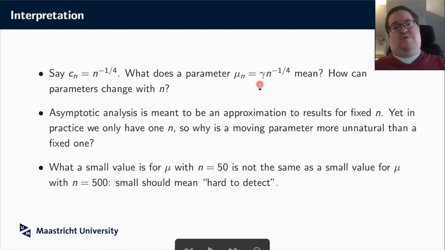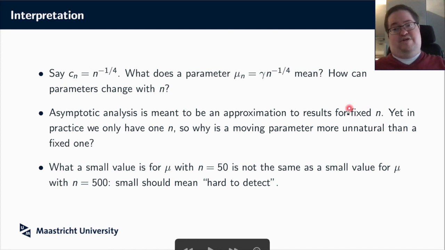And so the way I would interpret this is by basically turning the argument around. So rather than looking at what this means asymptotically, we look at what asymptotics means for a finite sample approximation.